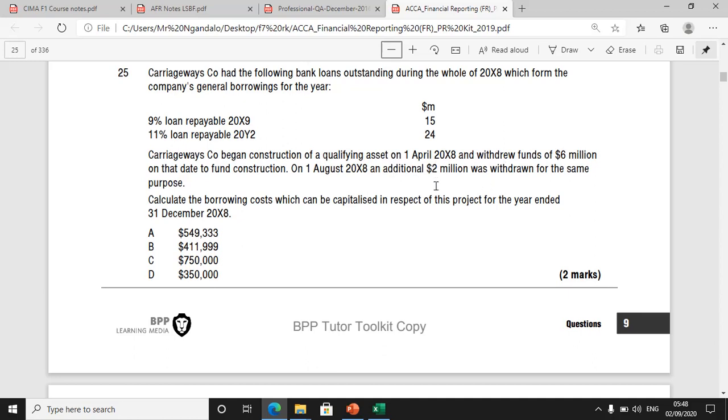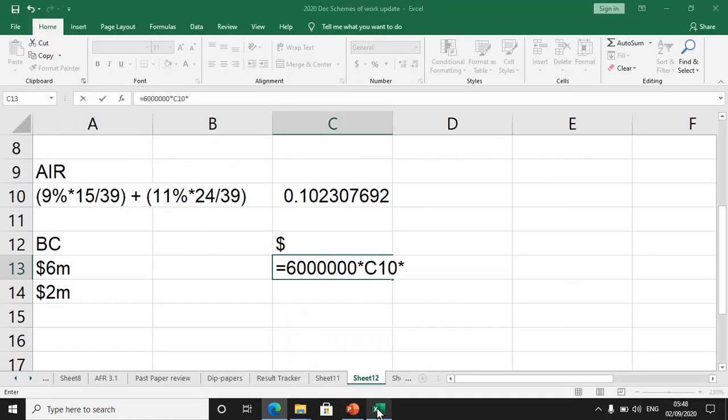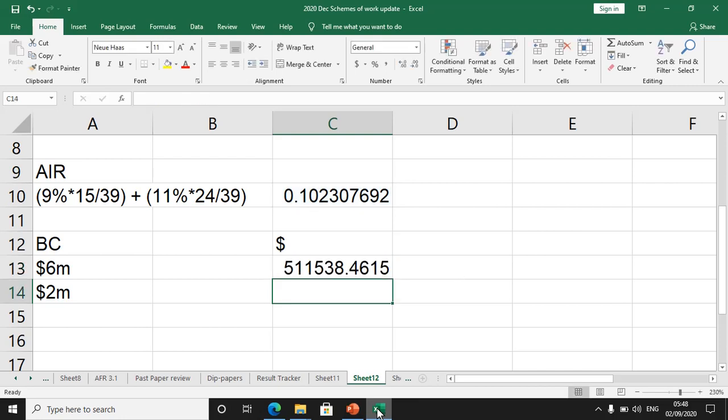So we observe that the months falling between 1st April and 31st December is 10, not 9. So you say this multiplied by 10 divided by 12. I'm having that figure there.